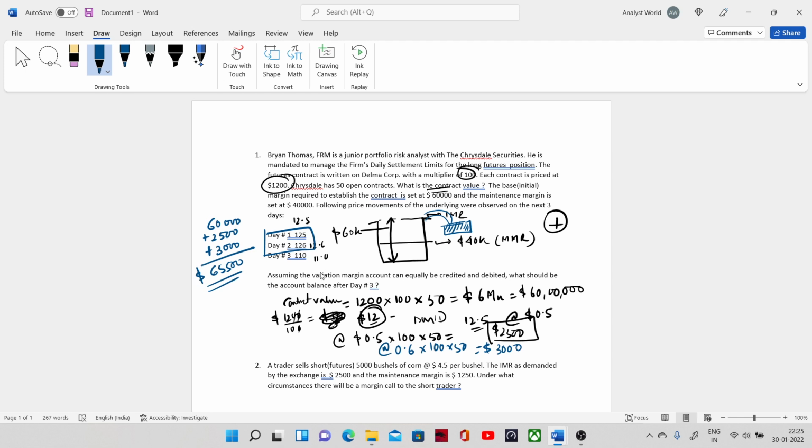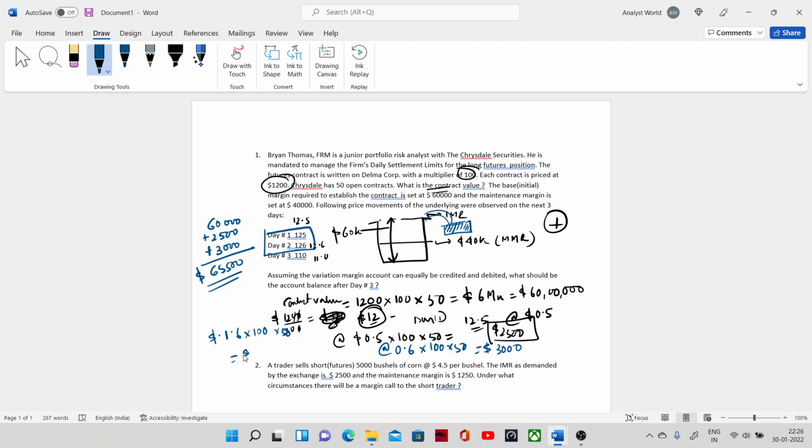Now on day three, the price has dropped to $11. So if it has dropped to $11, there is an immediate loss from this 12.6. So there's an immediate loss of $1.6. So $1.6 multiplied by 100 multiplied by 50, which is $8,000.